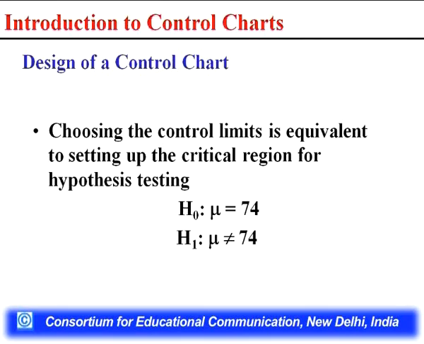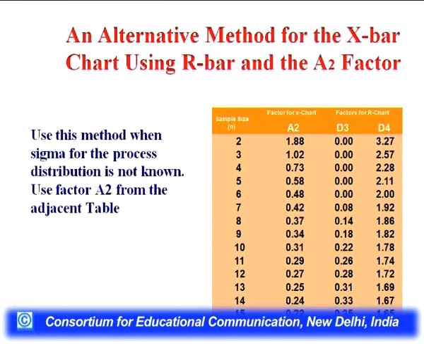So control charts are nothing but testing the hypothesis, and the hypothesis made here for the control chart is what we showed in the previous slide. The null hypothesis is mu equal to 74 and the alternate, H1, is mu not equal to 74. An alternative method, instead of calculating sigma, is also available.